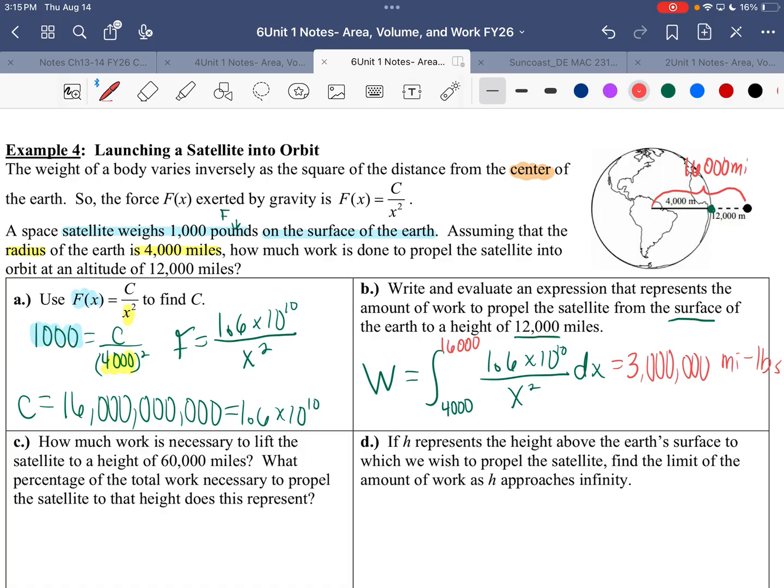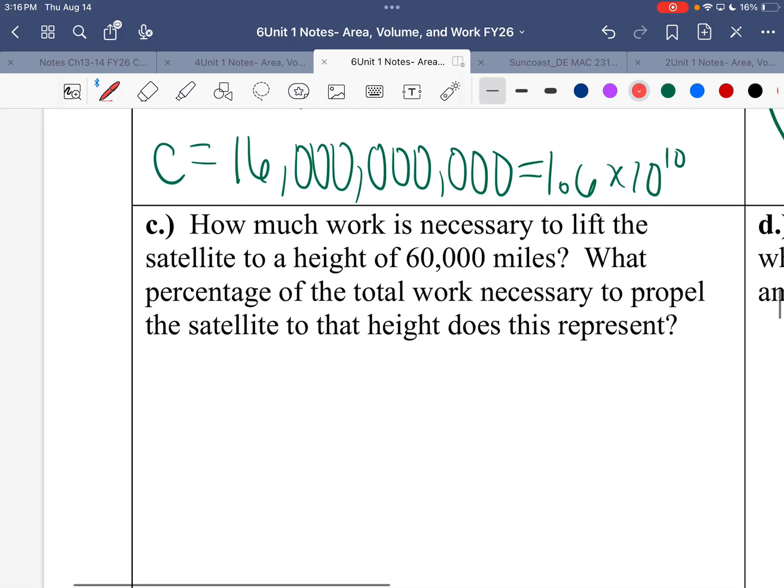Now, all right, I need to help you with the wording of this. I probably need to reword this C. How much work is required to lift the satellite an additional 60,000 miles from the surface of Earth from its current position?